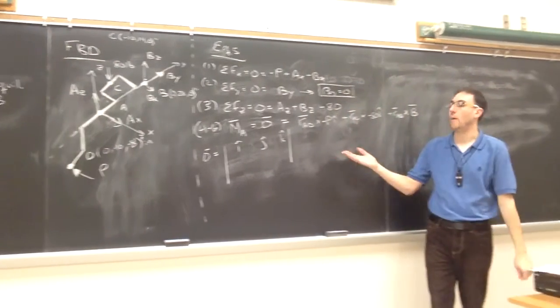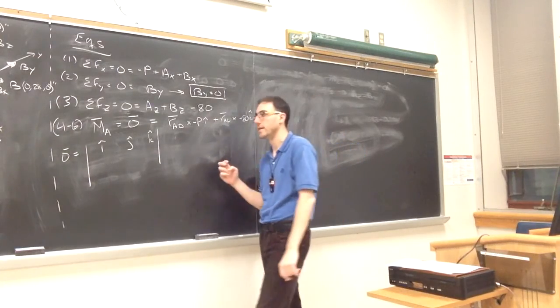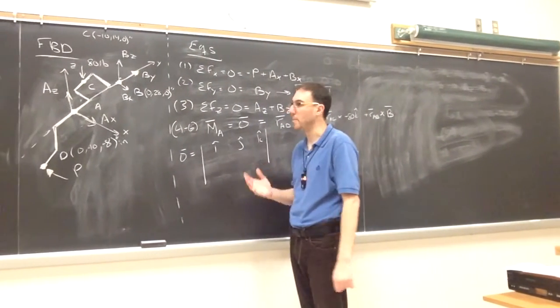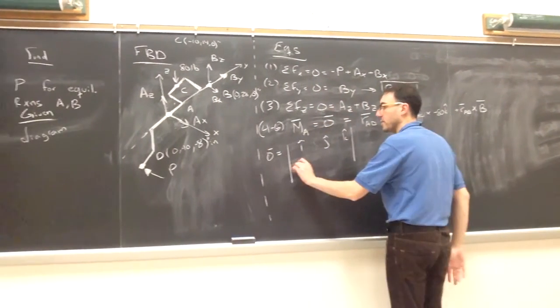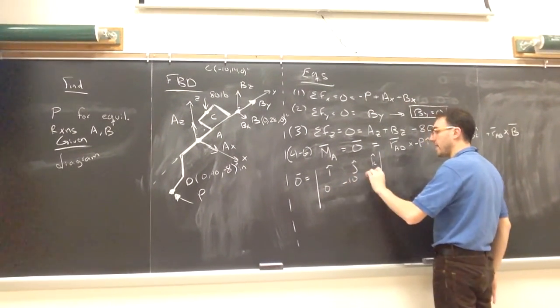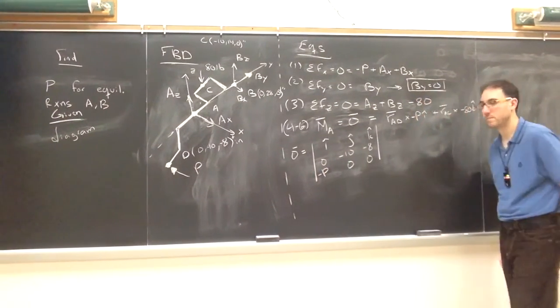RAD, fortunately, A is also a good choice because it's at the origin. I think that's actually why I did select it, which means that RAD is a little bit quicker to find. The point D minus the point at A, which is at the origin, I'll get 0, negative 10, negative 8. P is in the negative I direction only.